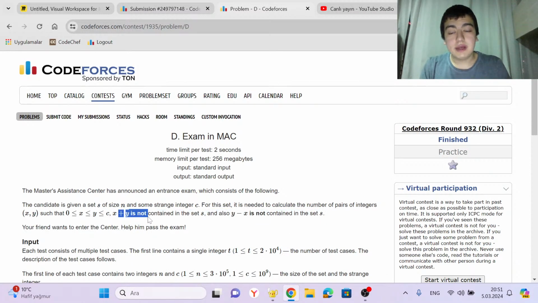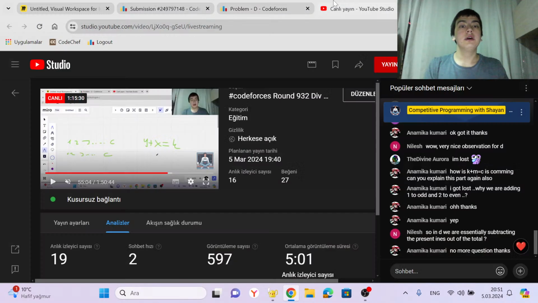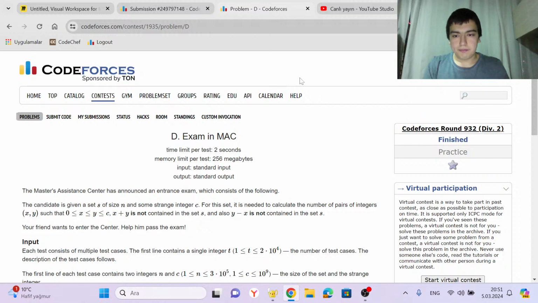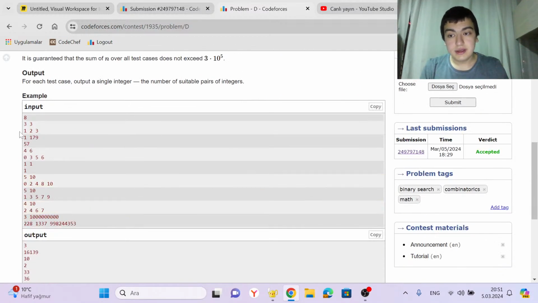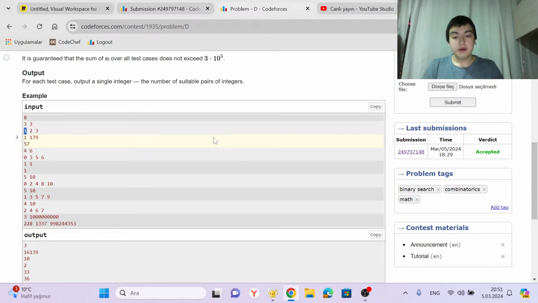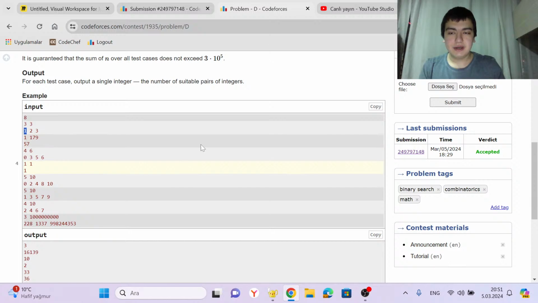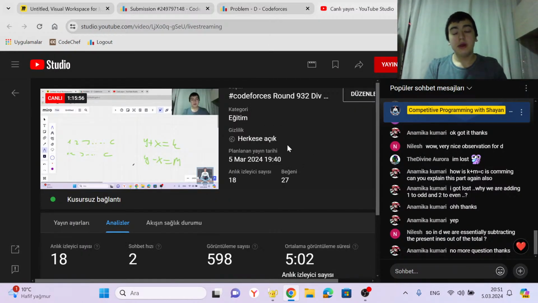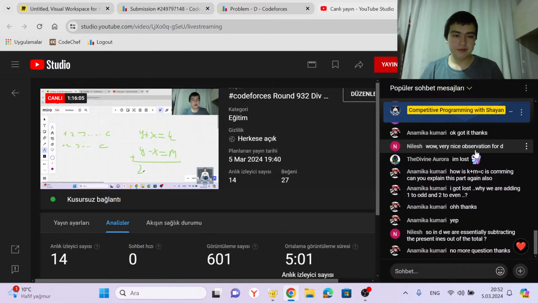Both x plus y and y minus x mustn't be in the set. So if we find a value in the set, we are decreasing the value for choosing it as x plus y and for choosing it as y minus x. We are decreasing both values, so we are finding the real value. Is it clear, Nilesh?